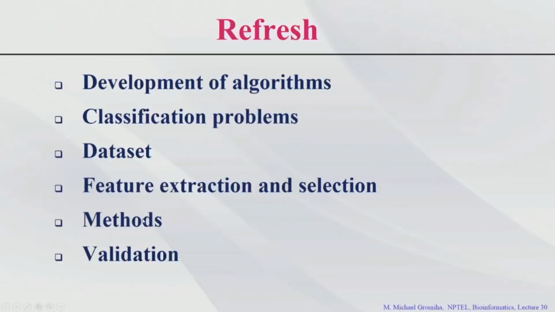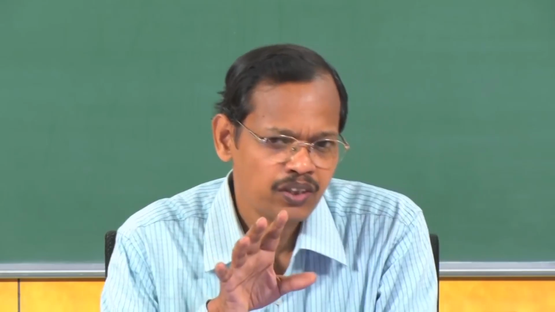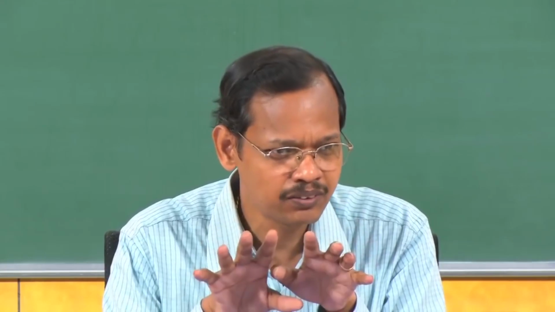Once we make the method, then we need to assess it. We use various measures to assess the performance. What are the various measures? Accuracy, sensitivity, specificity, ROC, precision, recall. We have to be sure that accuracy is not the only measure.